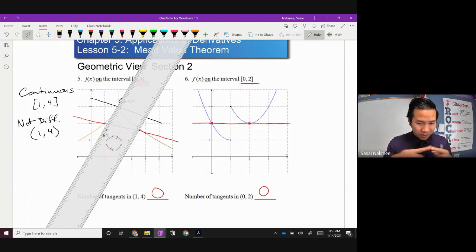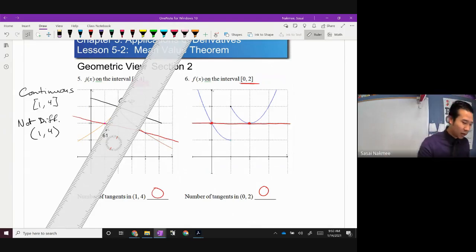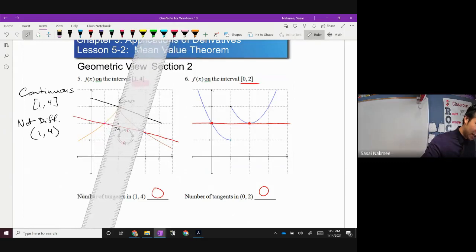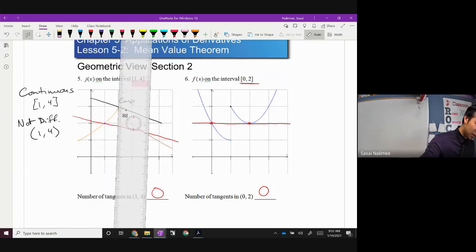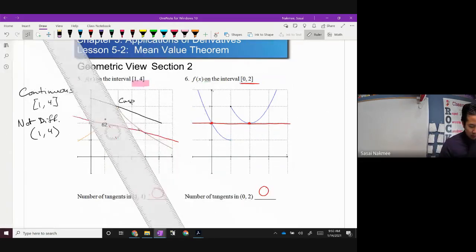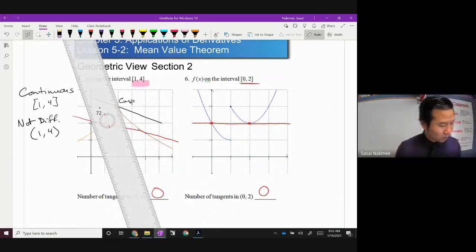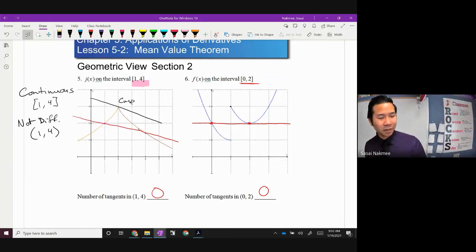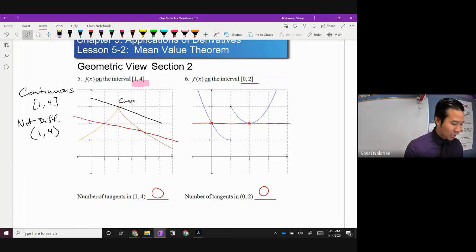If you zoom in enough, it'll forever be a cusp. But if you keep approaching that point, that tangent line is going to approach this slope right here, which is a positive infinity slope, whereas this one's going to be approaching negative infinity slope, and they don't approach each other. That's another way of thinking about it as well. But yeah, I like the whole non-local linearity, right? So that's why there's no tangent lines there, because of that cusp.